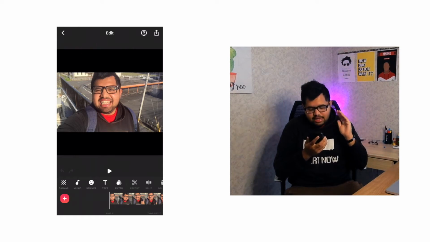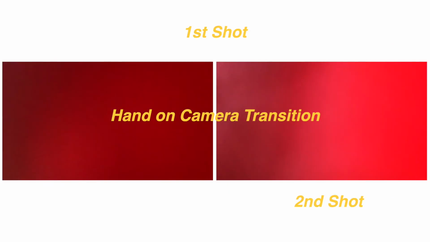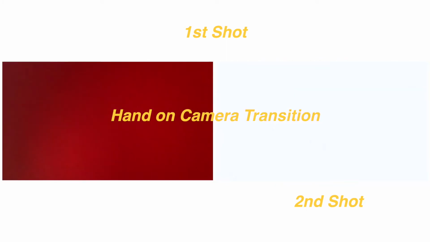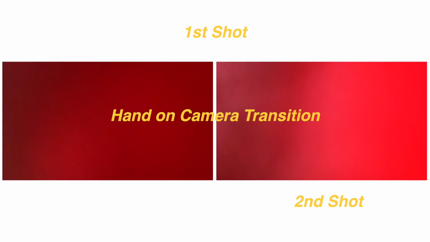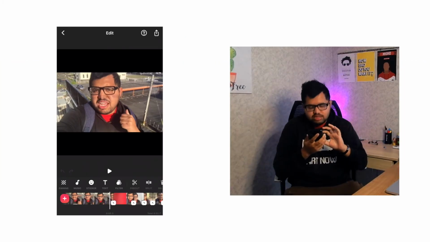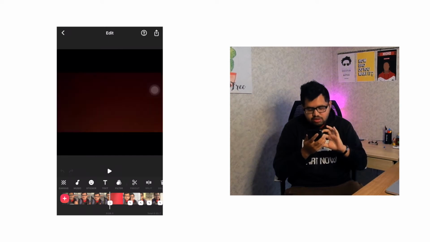So for this transition, we have 2 shots. One is when you do your thing, you talk, and then you put your hand on the camera. And then we have the second shot where you begin by taking your hand off the camera and then you talk. The basic thing you need to do is arrange the 2 shots.